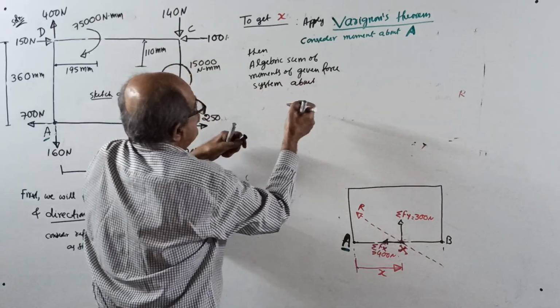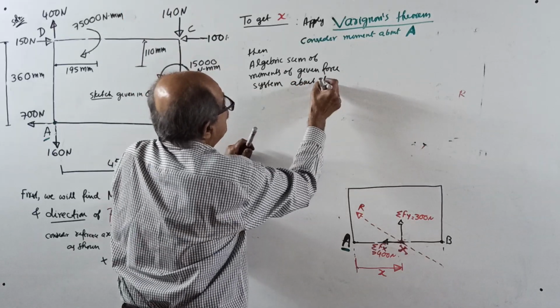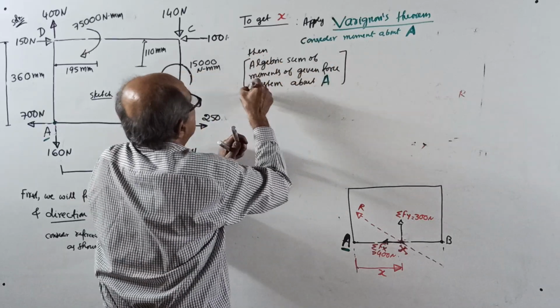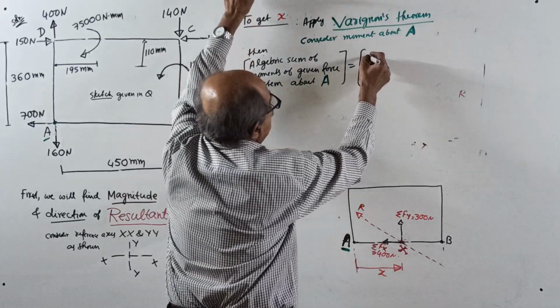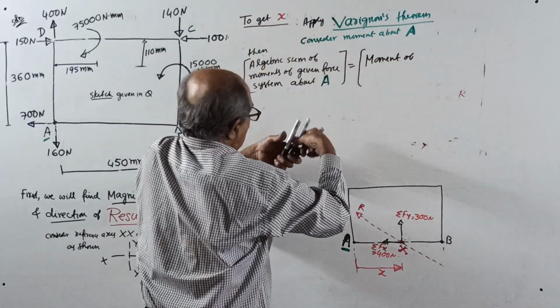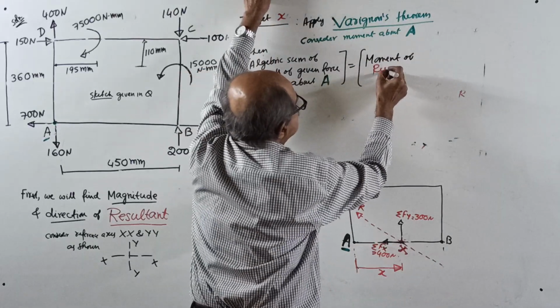About which point now? Now you should take moment about A. About A, this is LHS, equal to moment of resultant force.